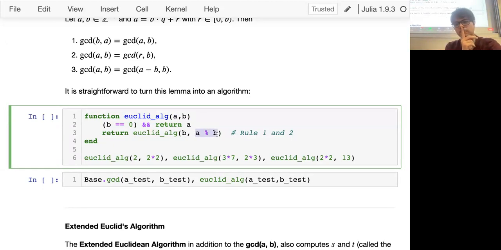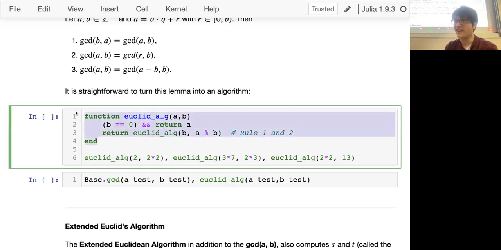Did I lie? A is like 1 and B is... Oh, right. Yeah. If A is smaller than B, then we're going to call and switch the input. And at the next step, B is going to be bigger than A, right? So that will push it down. And it doesn't take much work to show eventually that this is going to produce 0. Okay, so we'll hit the bottom.